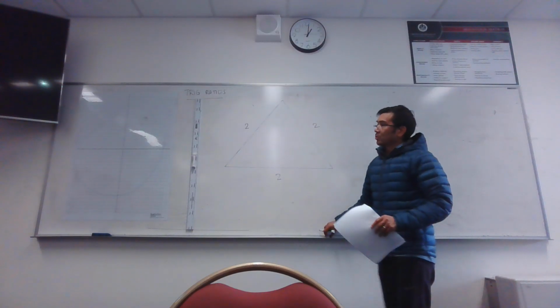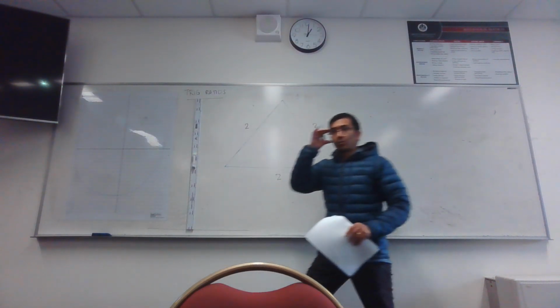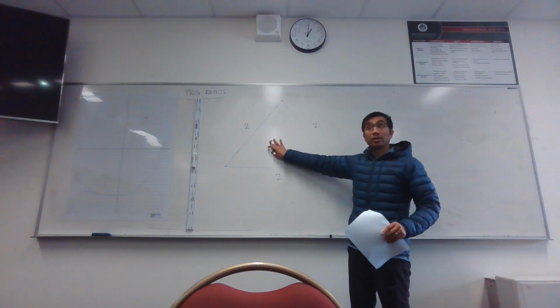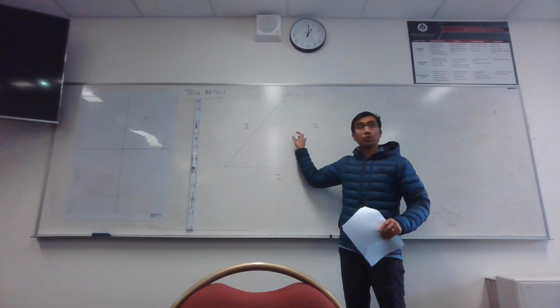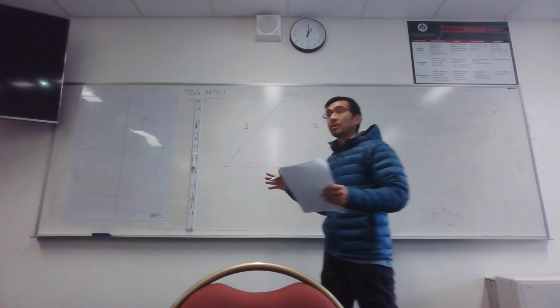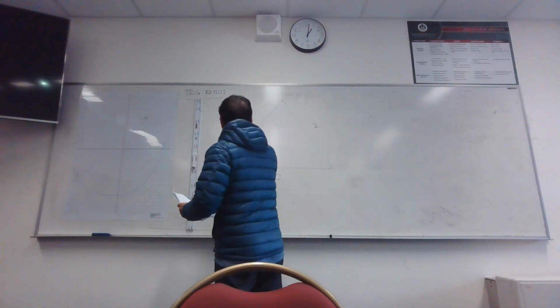We have a unit circle, which we're going to go into in a second, but we start off with the trigonometry of this triangle here. If I have 2, 2, 2 as the side lengths, therefore the degrees in each corner, Manny, what are they? 60. They're all 60s.